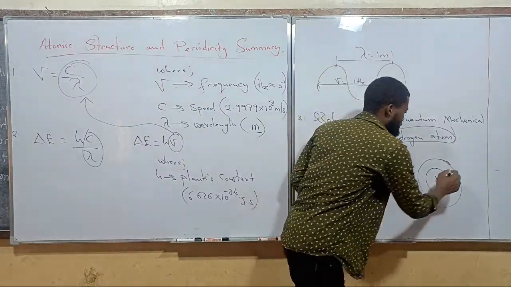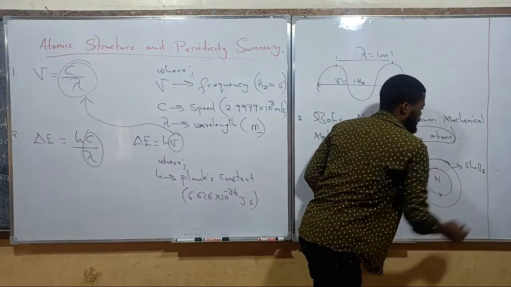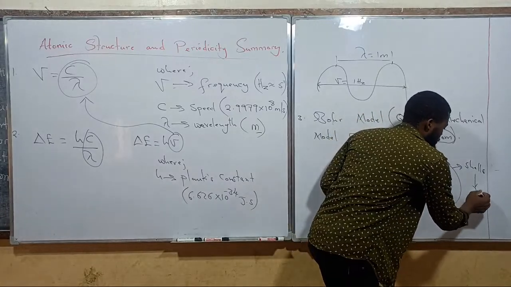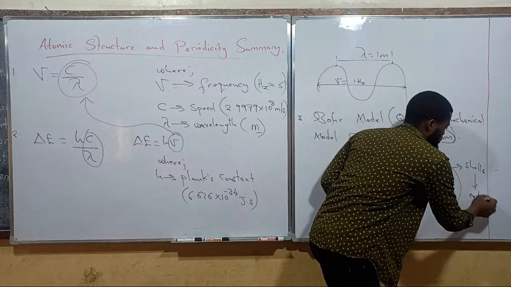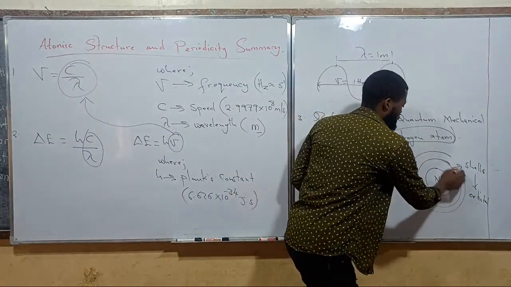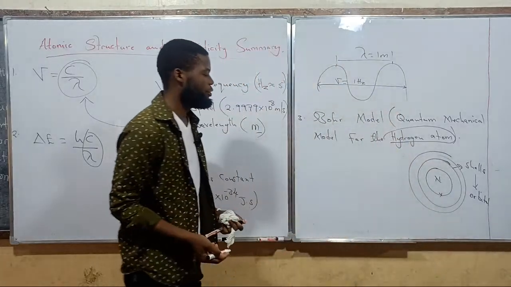Back in high school, we called them shells. The terminology is interchangeable with orbital, so they are also called orbitals. The shells can also be called the principal quantum level or the energy levels.